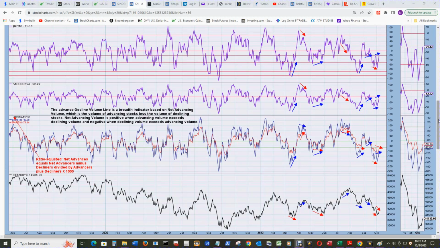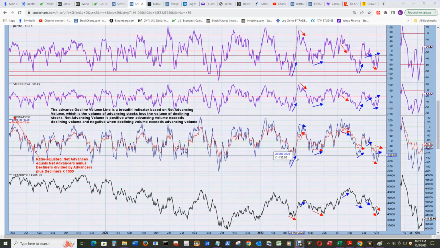So things have been very interesting with this since the SVB regional bank meltdown. And you can see near the end of March at the bottom window, the stocks only AD line for the New York. You can see it hit a downwards trajectory, so that was bearish.